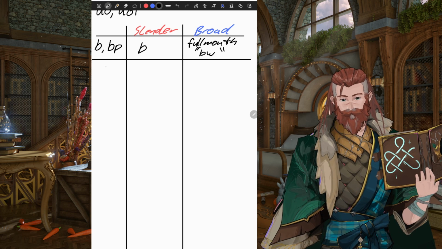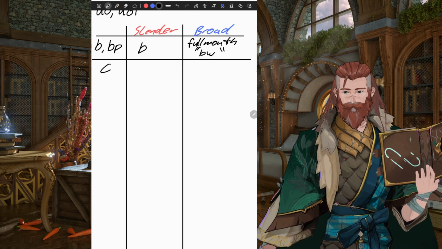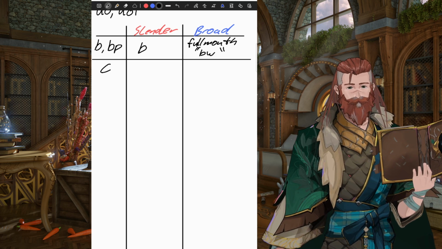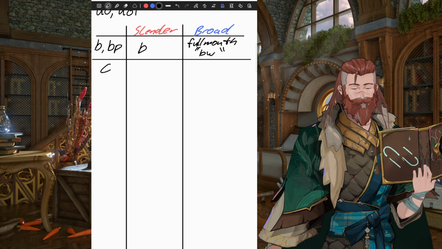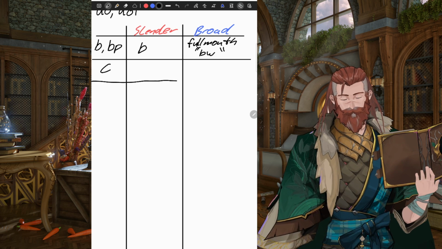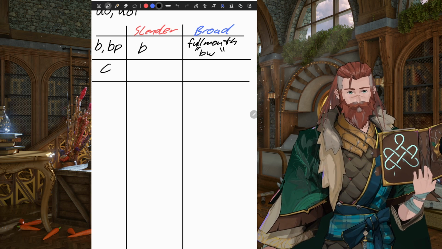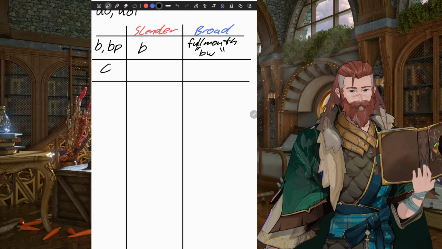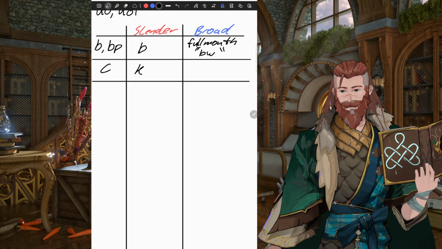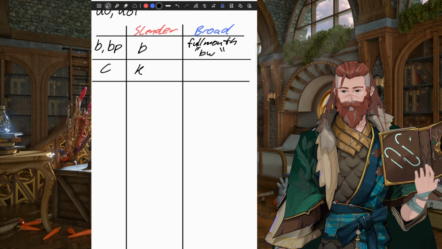For C, the slender pronunciation is kind of a K, more of a K than what we normally associate with C. Think a sharper sound for a slender C, more like K. K, kid, can, curd, curt, kin.